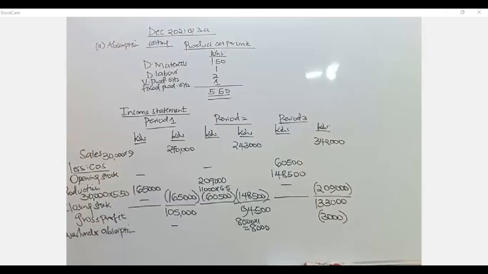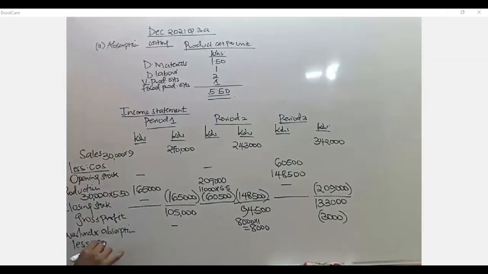That is okay. Then we less our operating expenses. In this case, we are being told we have admin expense, production and admin fixed costs.